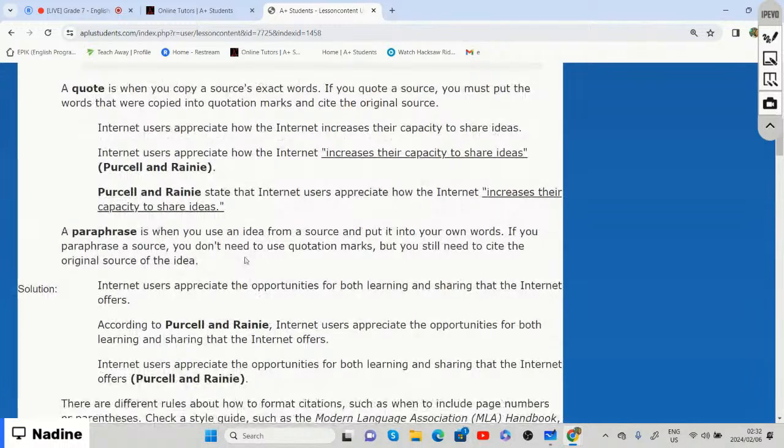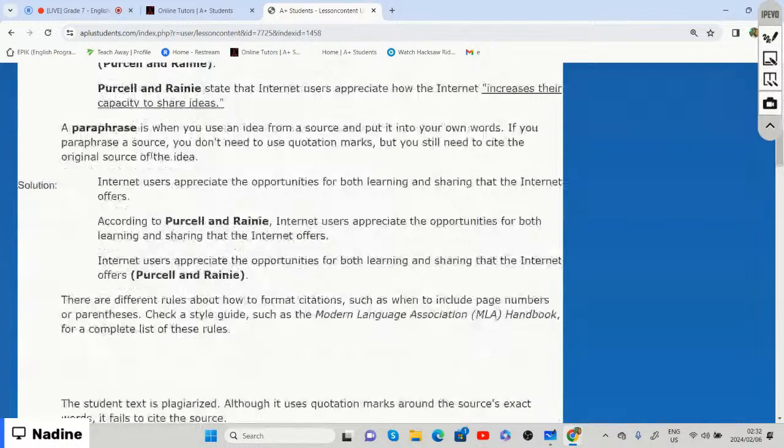And then you have paraphrasing. A paraphrase is when you use an idea from a source, a book, journal, internet, anywhere, and you put it into your own words.